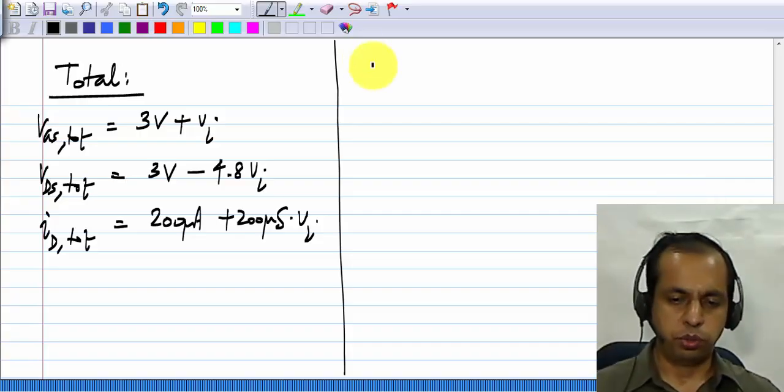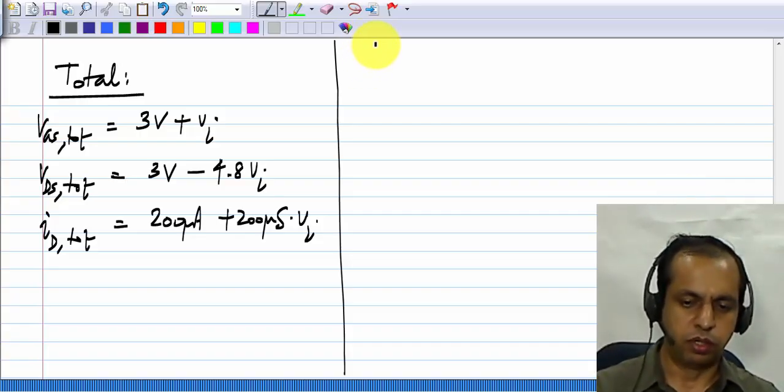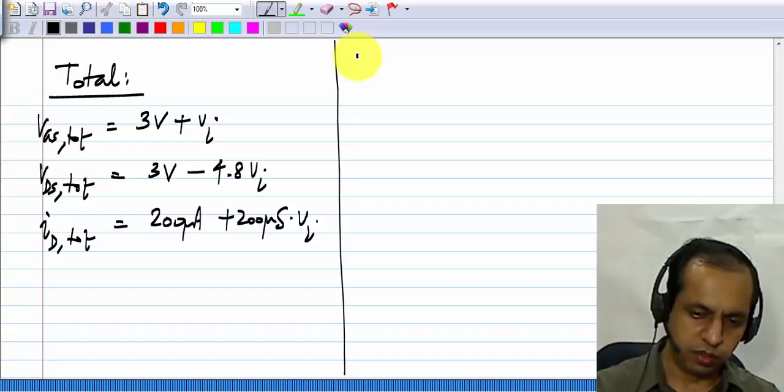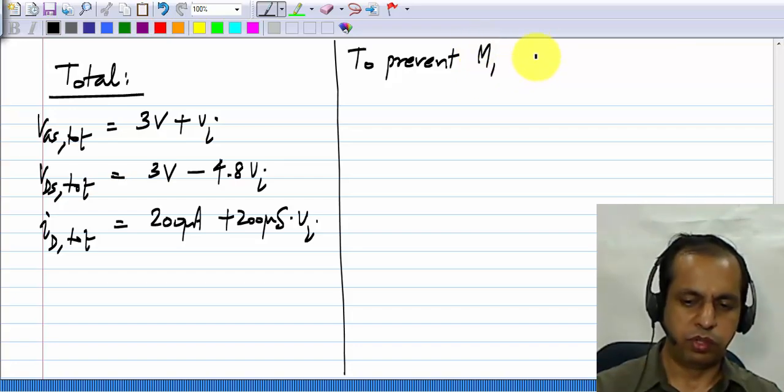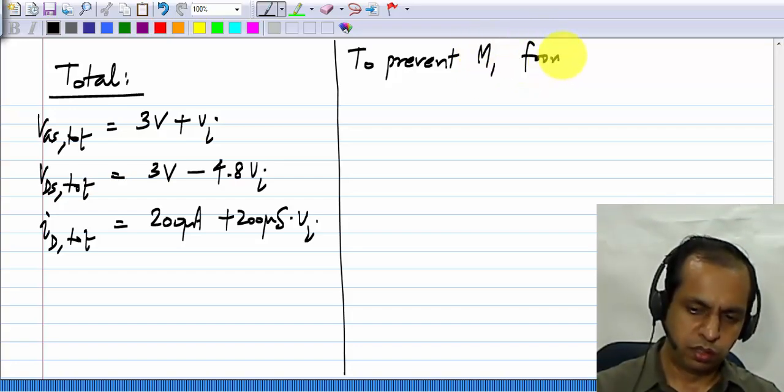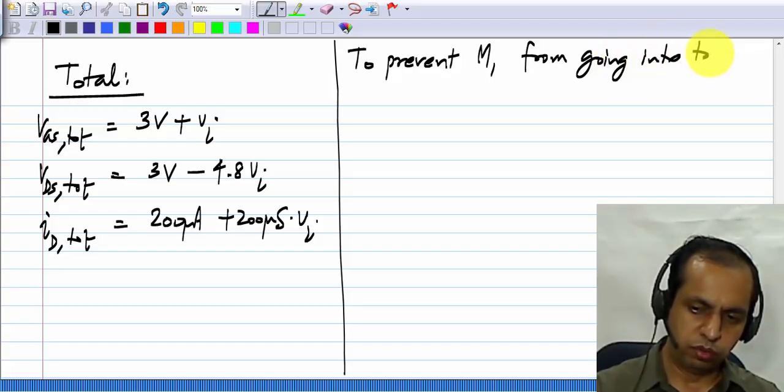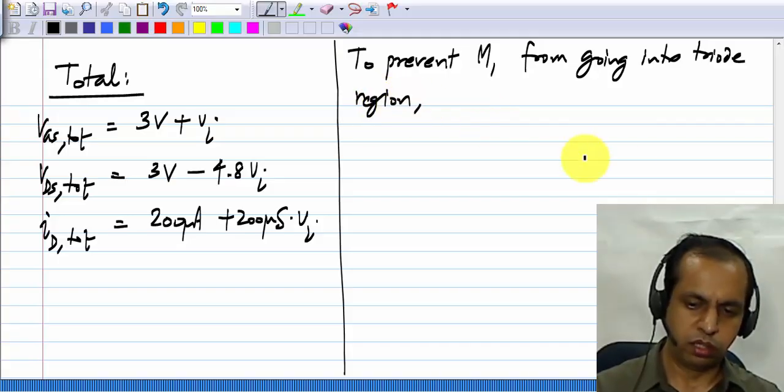Now the cutoff due to triode region, or to prevent the transistor M1 from going into triode region.